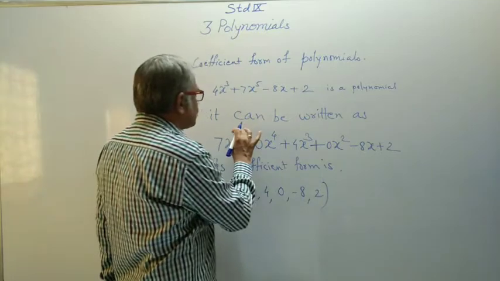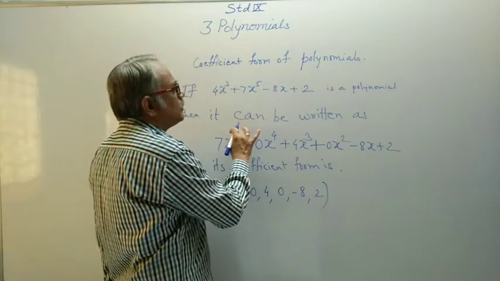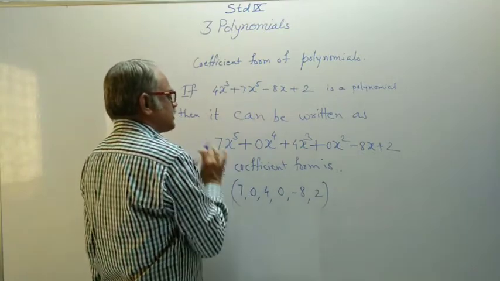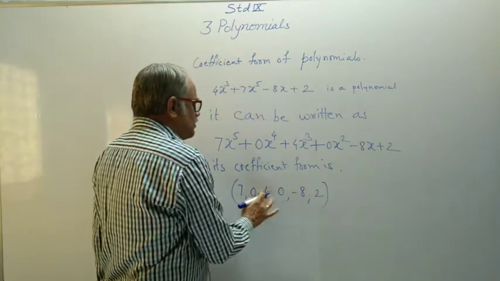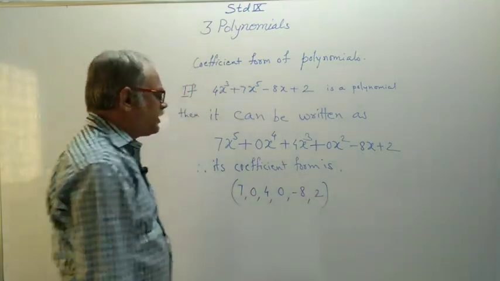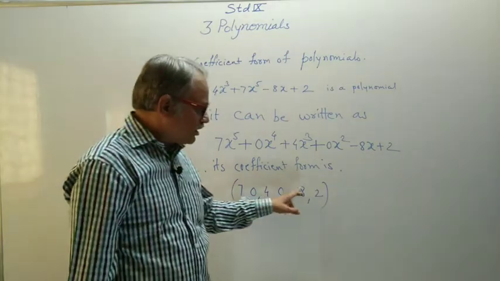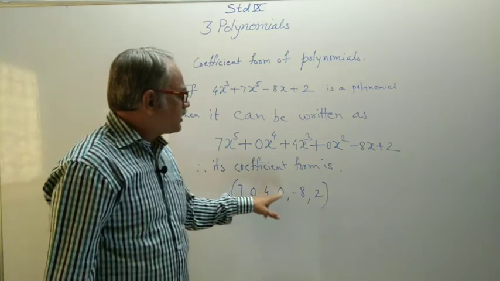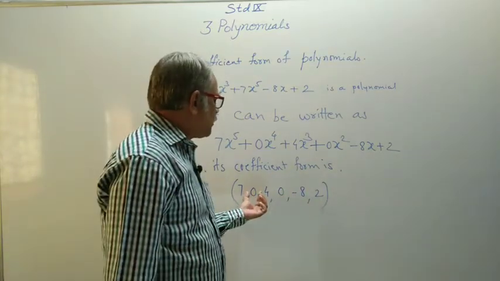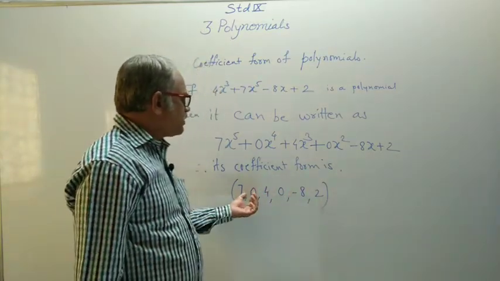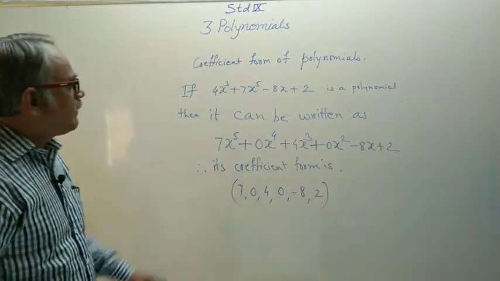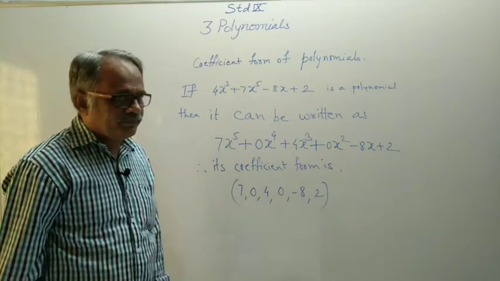If there is index 5, degree 5, then there are 6 terms: 1, 2, 3, 4, 5, 6. Coefficients are 1 more than the degree. If degree is 5, there must be 6 coefficients. Otherwise, we have made a mistake somewhere. 0 should be introduced as coefficient if term is absent. This is called coefficient form.